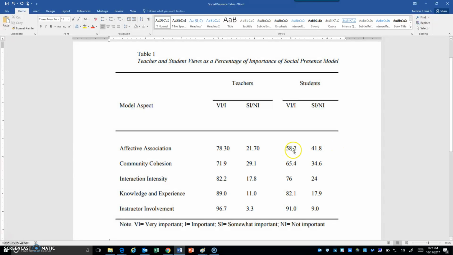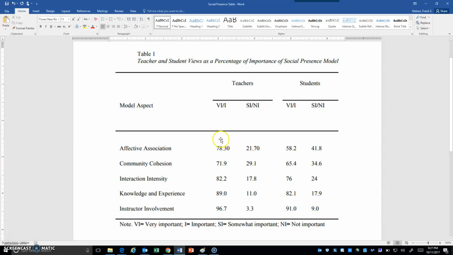Also, I think what is important here is the effective association, the emotional link to the group in the online classroom. Almost 3 in 5 students said it was important or very important, and that they viewed the class as a community so that they're a stakeholder as part of it. Almost 2/3 of the students registered that was important to them.